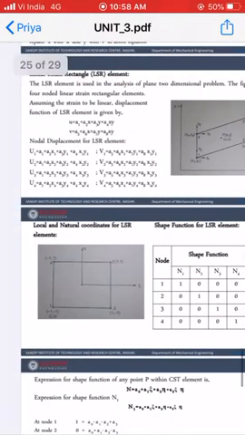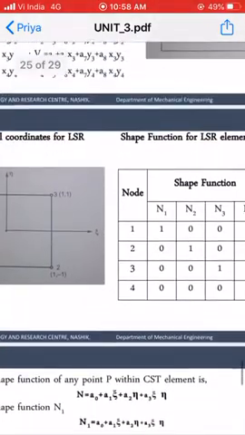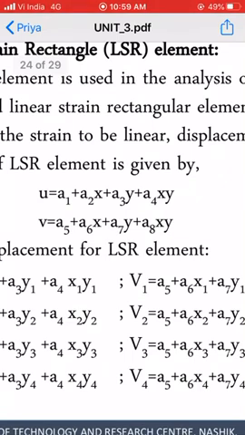Now we need to write down the expression for the shape function here. As we know, the expression for the displacement function is given as a1 plus a2 x plus a3 y plus a4 xy. Similarly we can write the shape function expression with the help of this displacement function.